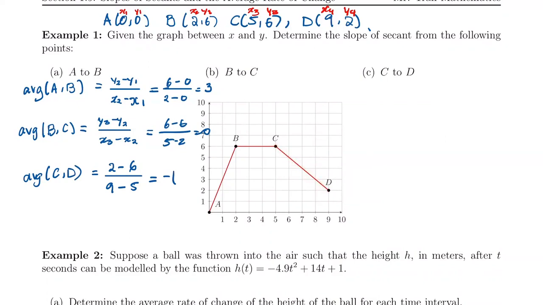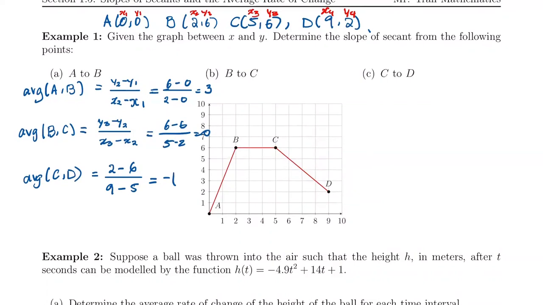So those are the 3 cases that we had to look at. The first case was an increasing slope, or average increase, meaning the slope is positive. The second case was a constant slope, which means that the average does not change. And the last part, from C to D, is what happens when the average is decreasing, and the slope is negative.